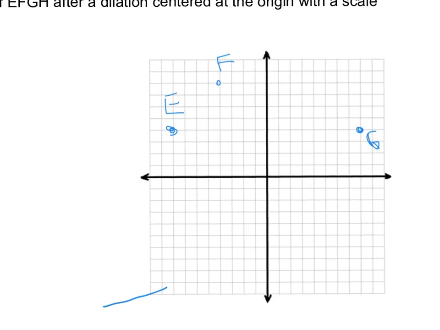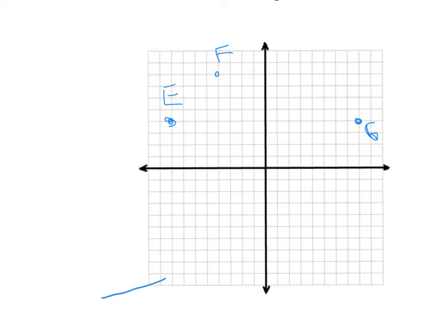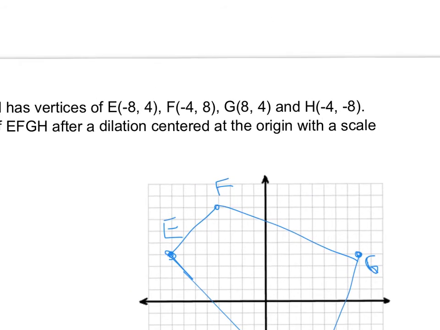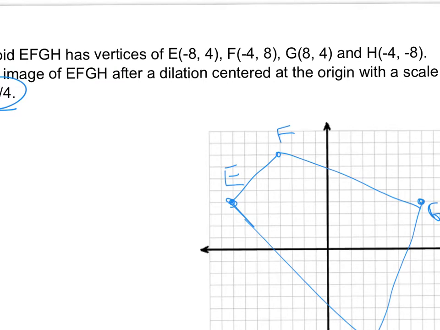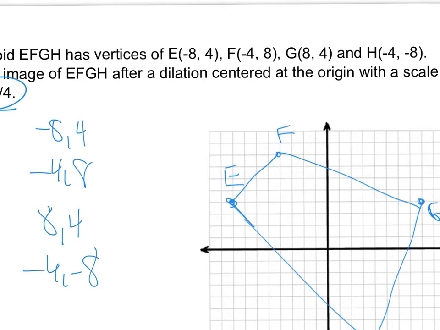So this is my shape. It says it's a trapezoid. I don't know if I buy it, but we'll go with it, whatever it's called. So -8, 4, -4, 8, 8, 4, -4, -8.